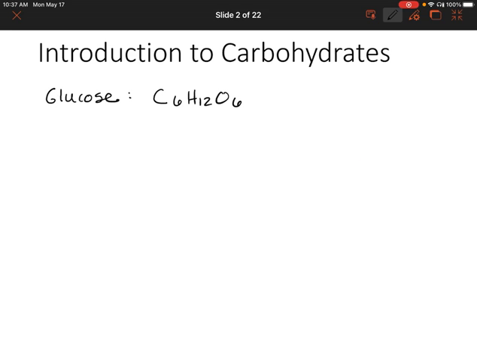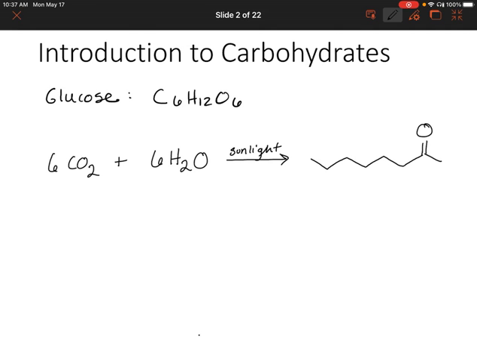Now, trees and plants will convert carbon dioxide and water into glucose, this carbohydrate. So let's just write out the formula here. We've got 6 carbon dioxide molecules and 6 water molecules. And then we're going to use sunlight to convert all of that into our carbohydrate, specifically glucose here.